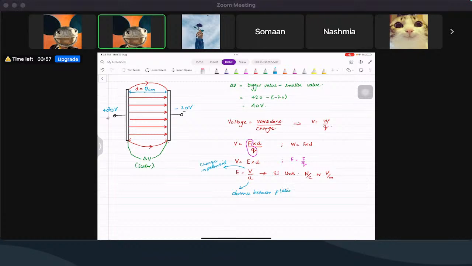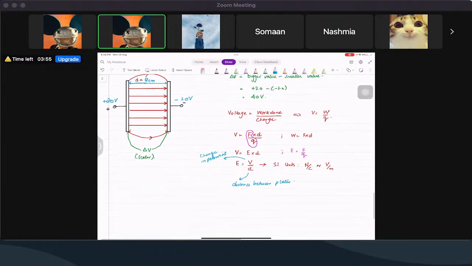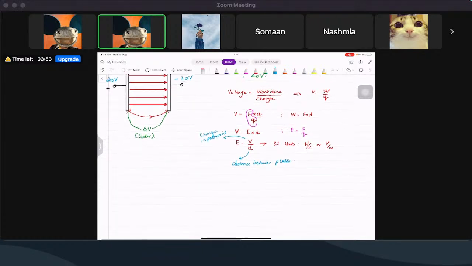Now, because this is a uniform field, if I try to show you a graph, it would basically look like this.